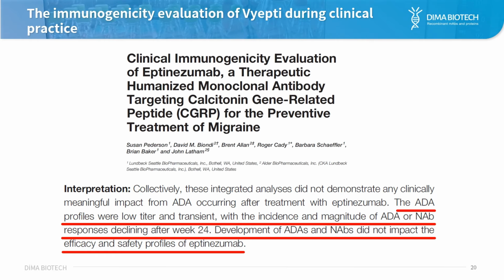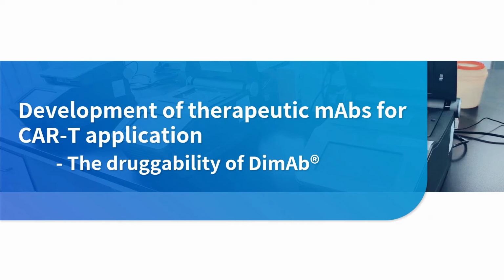They found there is only a small portion of ADA occurrence, and with very low titer, and they are transient. This won't have any effect on the drug efficacy, and also there's no safety alert for this drug. So after humanization, rabbit monoclonal antibody can be utilized for therapeutic drug discovery.